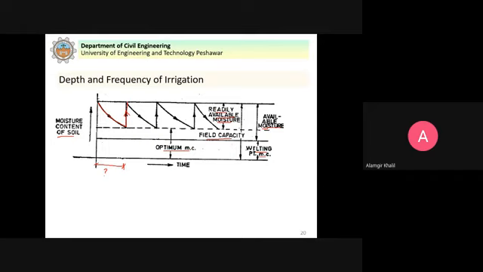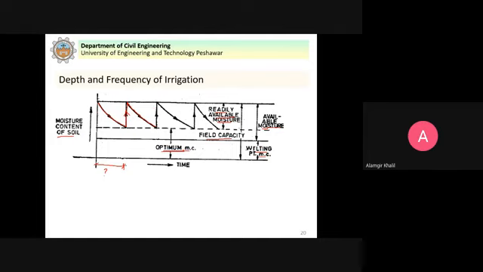Again, the water is supplied to the crops, so the water will be used by the crops. As a result, the moisture content of the soil will decrease, and the moment it reaches the optimum moisture content, by this optimum moisture content we mean that the moisture content is allowed to deplete to the level that it is still extracted by the plants without any loss of the crop yield.